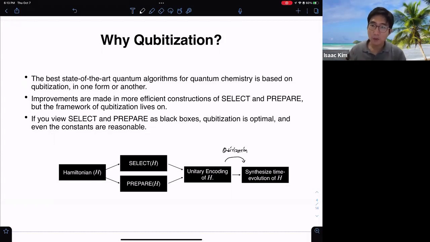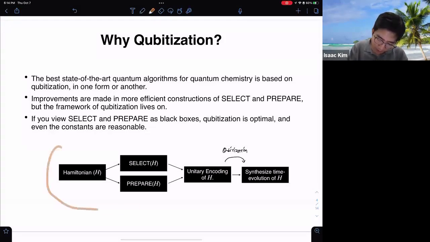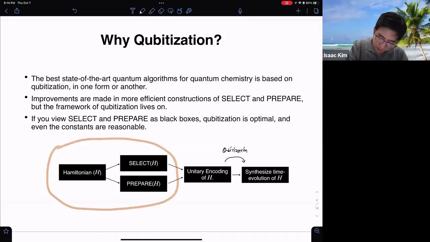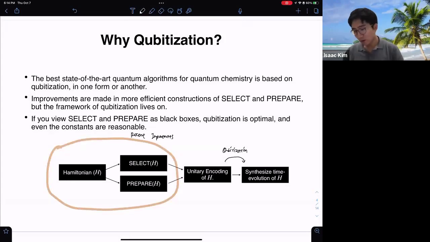In these different papers, the different part is how to efficiently construct this unitary encoding. So the improvements are made on this side. All of these works are living in the world of qubitization, and within that you're doing some extra optimization.